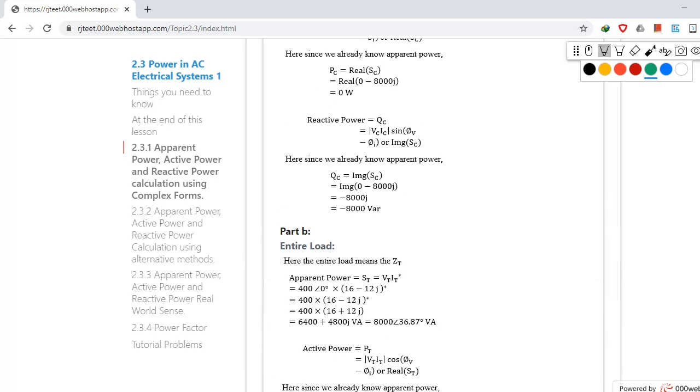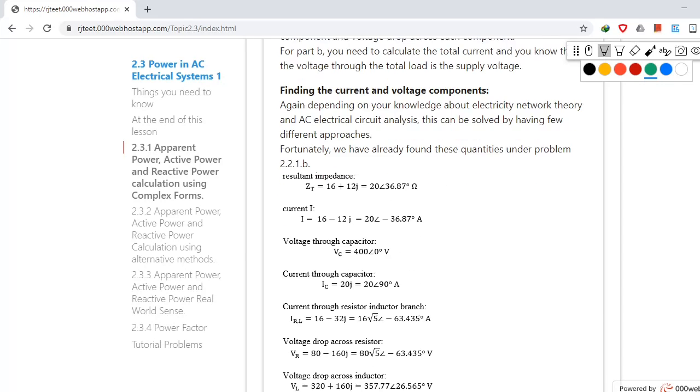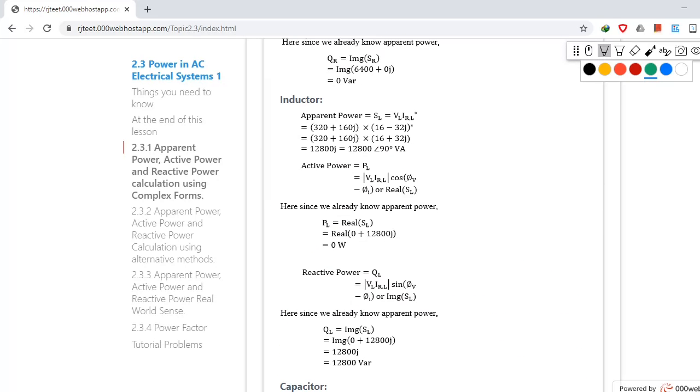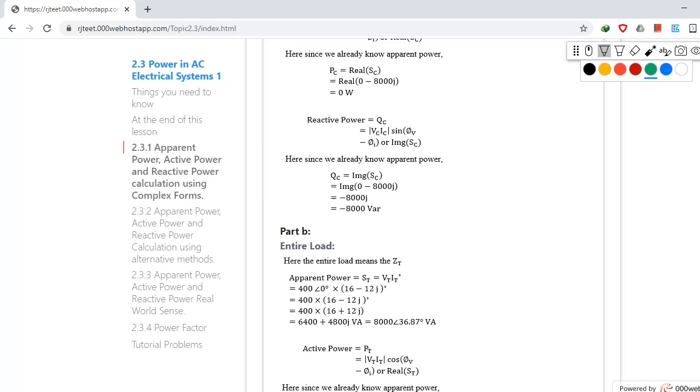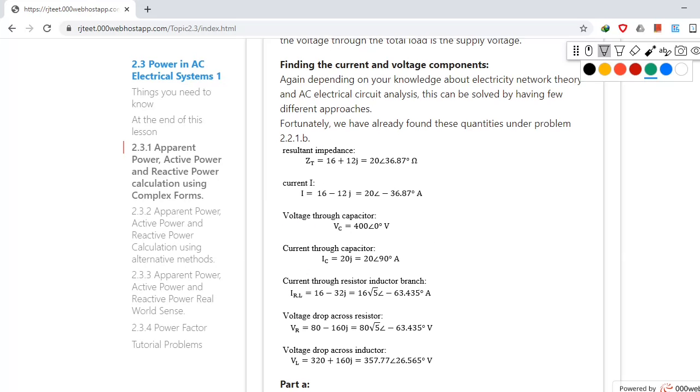So going to the second part, when you consider the entire load, right? So here as well, the entire load means you're considering these three elements together, which means the supply voltage and the supply current are the components you are going to consider in this case, right? So this is the supply voltage and the total current. So total current, we have found it here, this one. So it's going to be the summation of this value here and this value here.